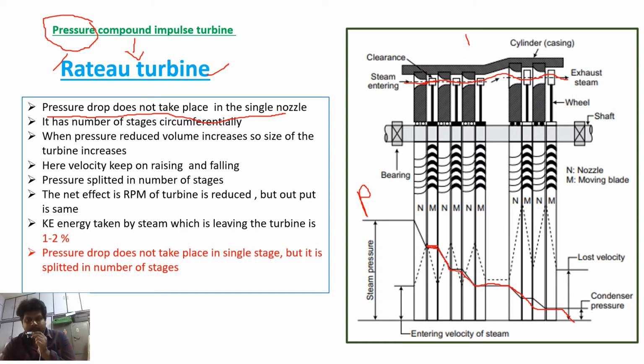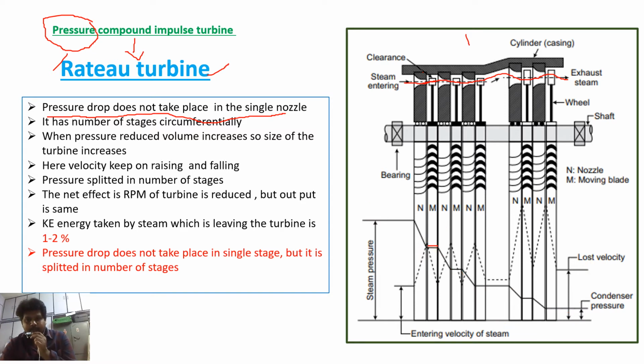When you observe carefully, instead of suddenly decreasing the pressure, here the pressure decreases stage by stage, so that the rotational speed of the turbine decreases and the performance of the turbine increases. This is the advantage of the Rateau turbine.